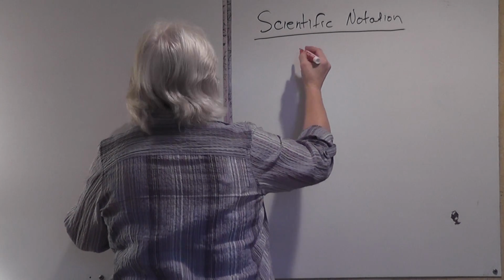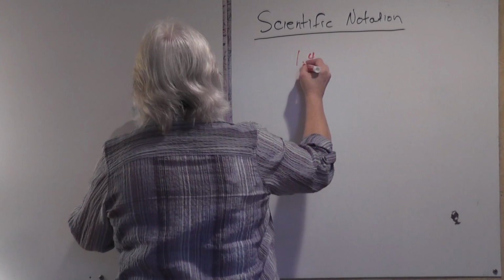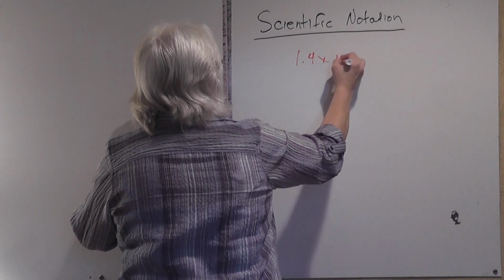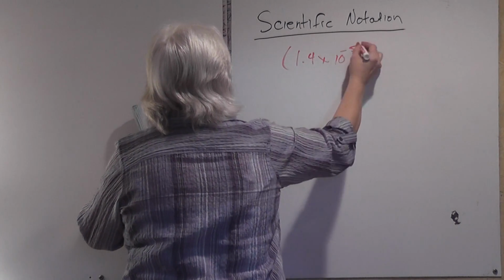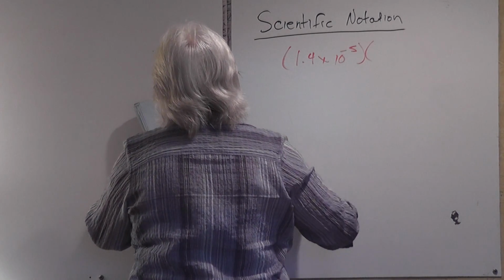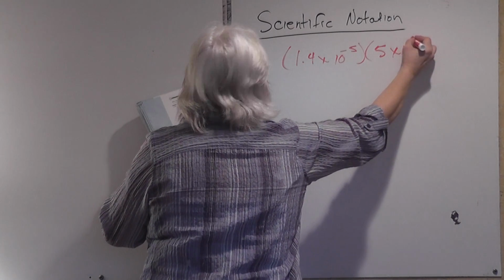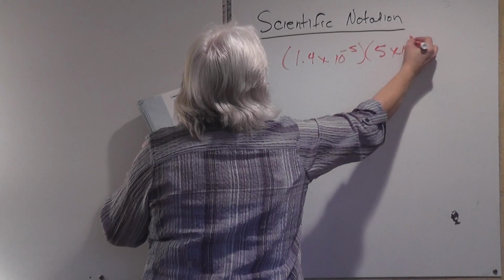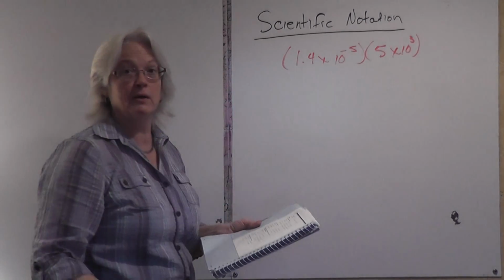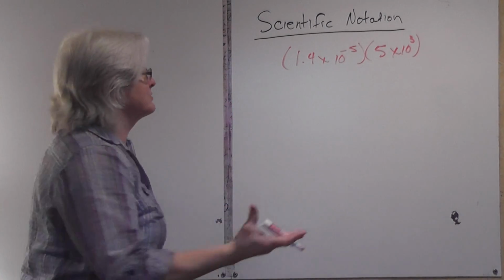Actually, let me go ahead and do 2. We have 1.4 times 10 to the minus 5 times 5 times 10 cubed. Okay, don't be afraid of this with the negative exponents.